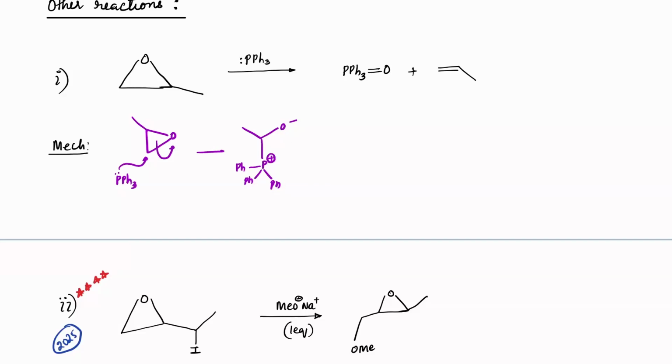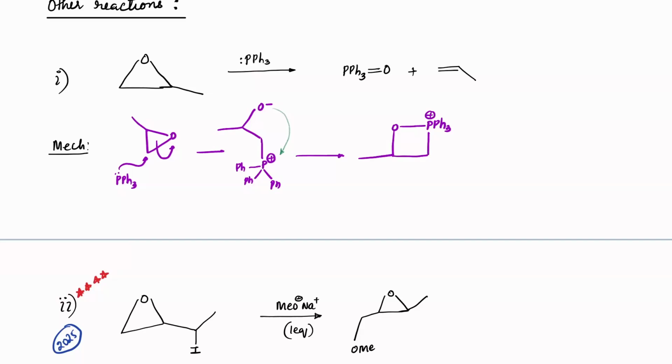Okay. Oh, sorry, one carbon I forgot. Like this. O minus is what you will get. And now this O minus internally will try to attack phosphorus to get a four-membered intermediate like this. So O connected with phosphorus having Ph thrice with plus charge, correct?